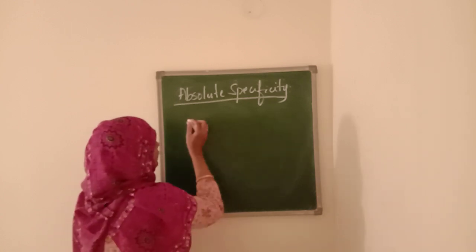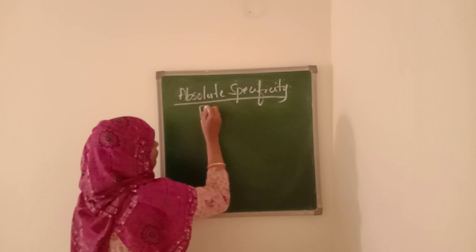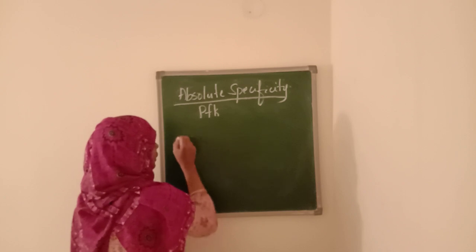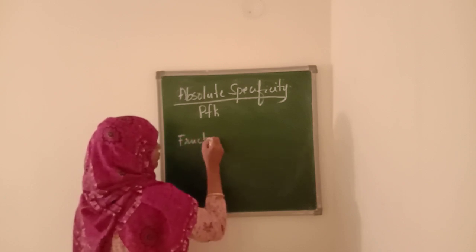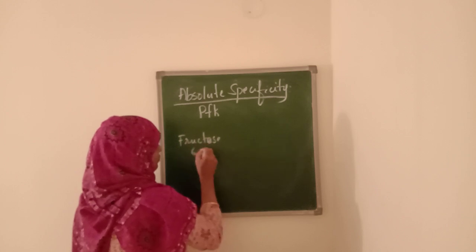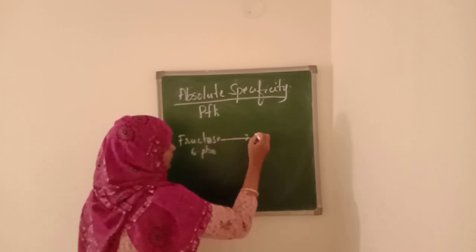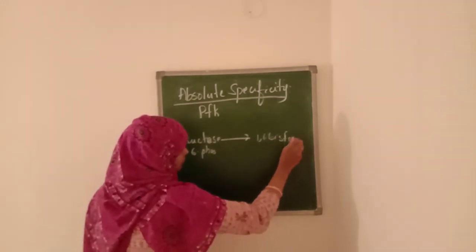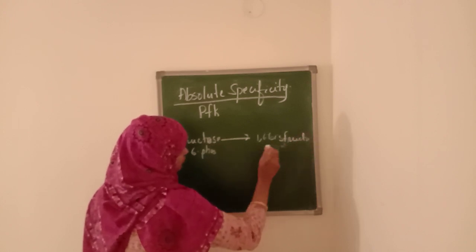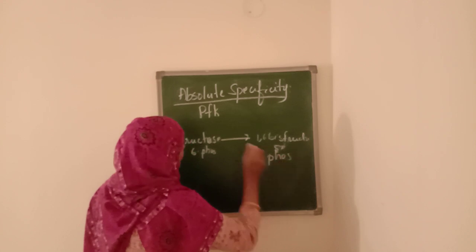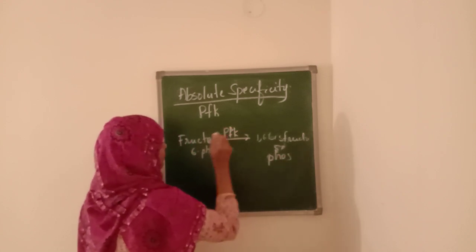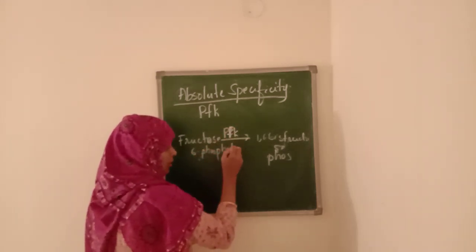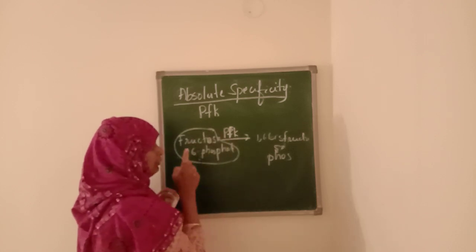So here, for example, phosphofructokinase, PFK, is an enzyme which will bind only to fructose 6-phosphate, and it will convert it into fructose 1,6-bisphosphate.